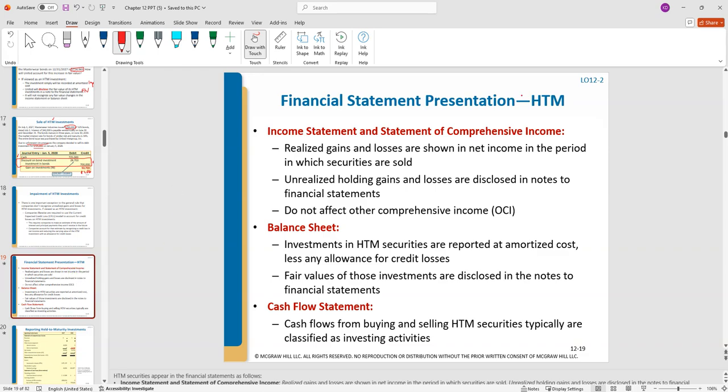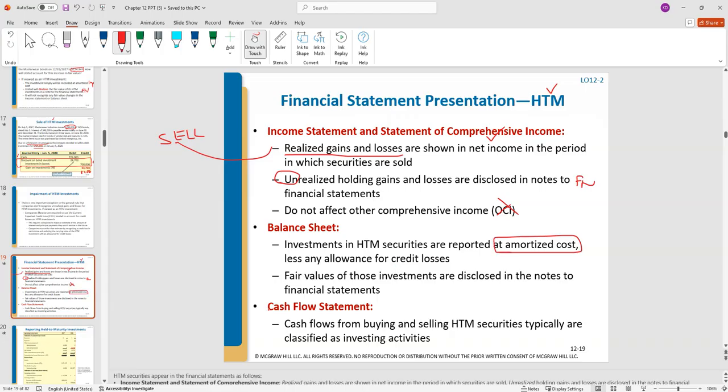So when we talk about held to maturity debt instruments, realized gains or losses, in other words, whenever we sell in that kind of unforeseen circumstance where we have to sell it, that's in net income. Unrealized, the holdings, ebbs and flows, are a footnote. Don't touch OCI. When we put it on the balance sheet, amortized cost are the magic words there.